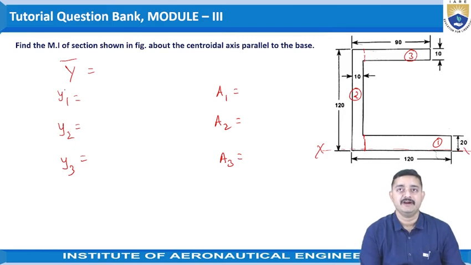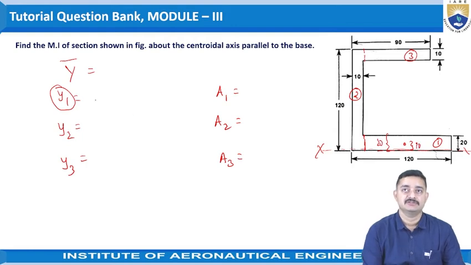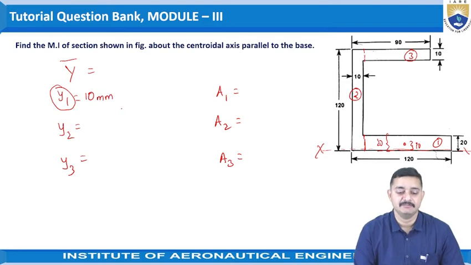Now, y1 is the distance of the centroid of this part 1 from the reference x-axis. So this height is given as, total height is given as 20. Hence, this would be 10. Hence, y1 would be 10 mm. Let us take the units in mm here.